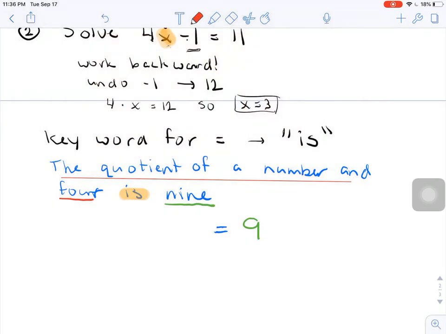The other side of the equation is going to involve translating that expression, the quotient of a number and 4. Now this is the piece that we were working with in a previous lesson. So hopefully this is feeling a little bit familiar. Quotient was one of your keywords from your lesson notes. If you remember, quotient means to divide.